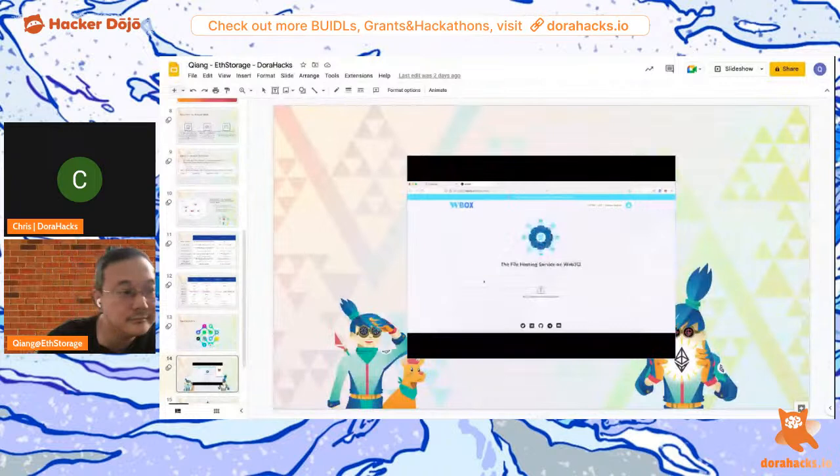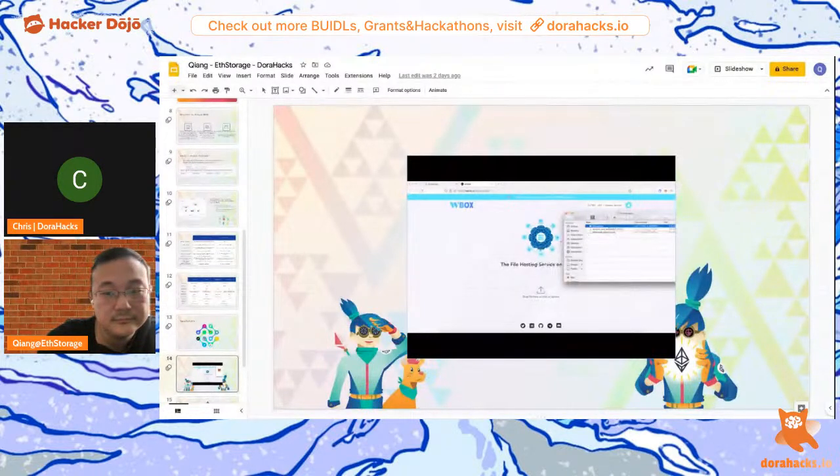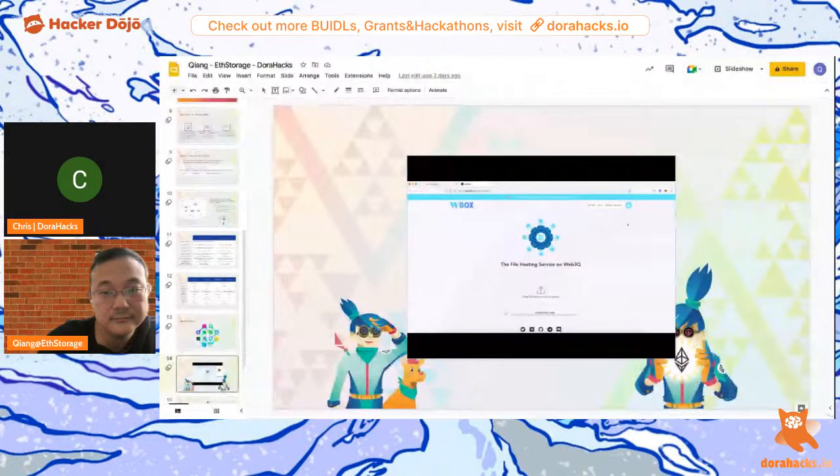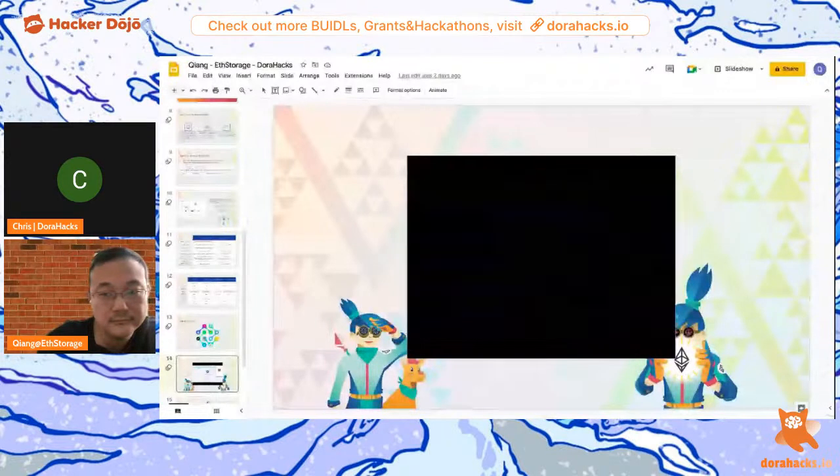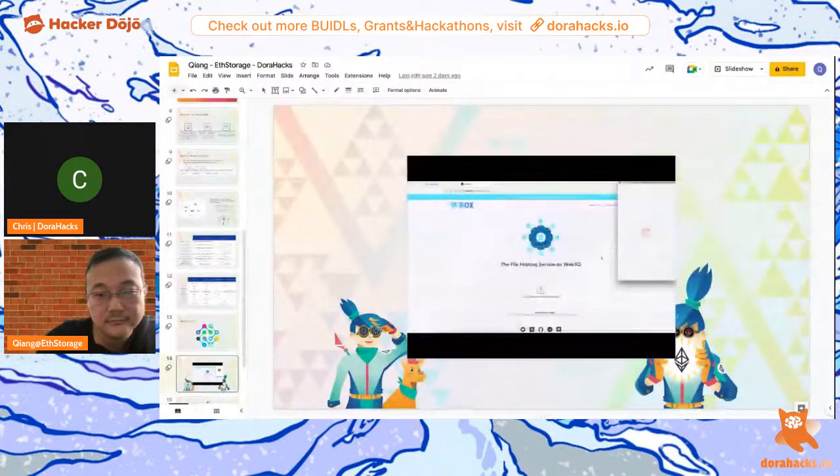And in order to upload a new file, what I should do is just drag the file, and then it will ask me to sign a transaction via MetaMask. So during the whole procedure, you don't need any additional tool such as a CLI. And once the transaction is confirmed by the network, I can access the file also via the Web3 access protocol.